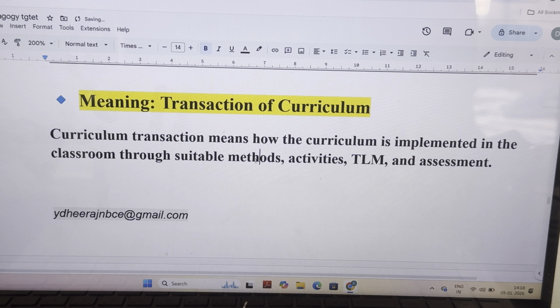So what you want to teach will be implemented in the classroom through teaching methods, through activities, through teaching learning materials and assessment. How you are implementing everything in a science classroom will come under transaction of curriculum.